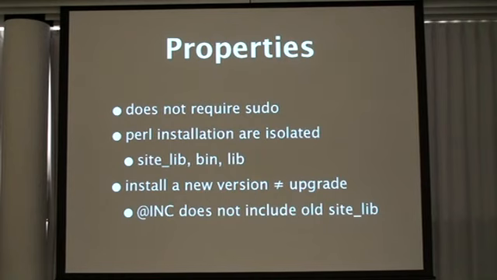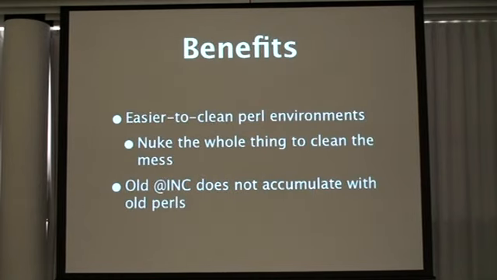What this gives you is a set of very easy to clean up Perl environments. I don't know about other guys, but for myself, I always install a whole bunch of cpan modules, even if I don't want to use them, because I just want to play with them and see what they're doing.